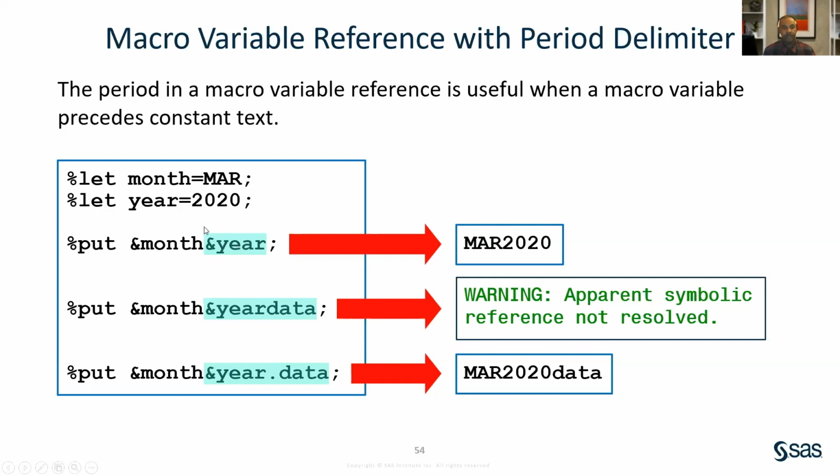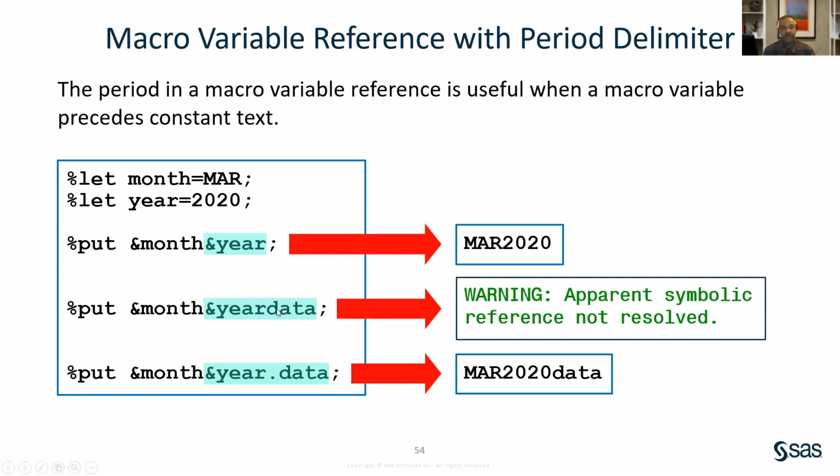Well, ampersand month resolves to MAR, ampersand year resolves to 2020, not a problem. Let's go to the second percent put. Once again, ampersand month resolves to MAR, no issue. But ampersand year data, I want to put the word data after the year, and I get a warning because it doesn't look for year, it looks for yeardata as the name.